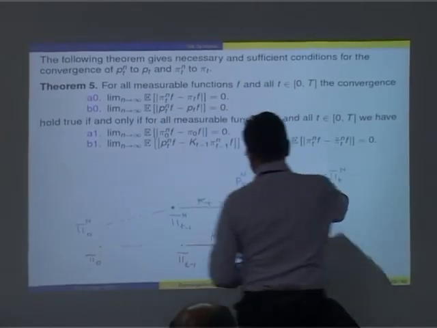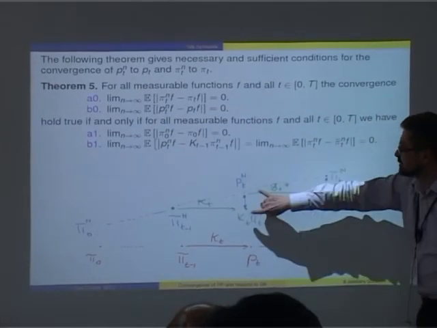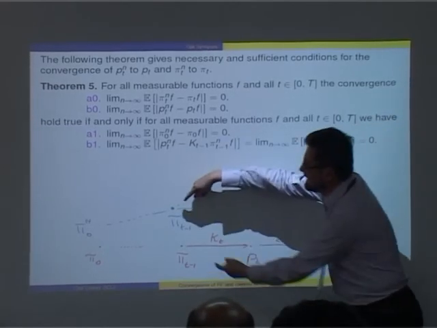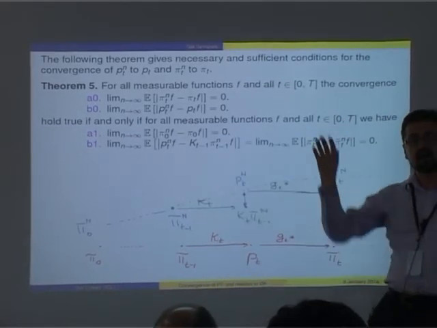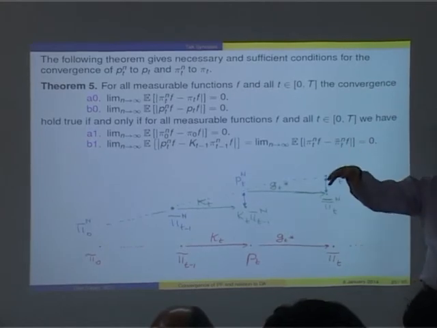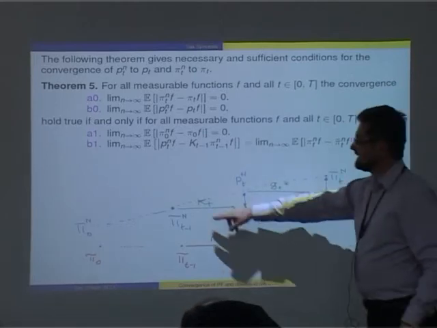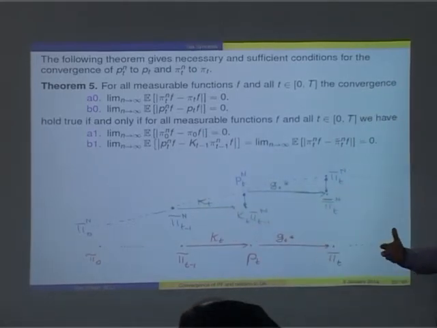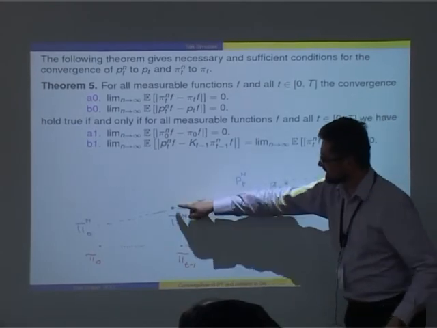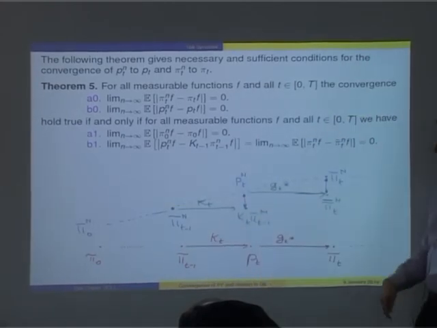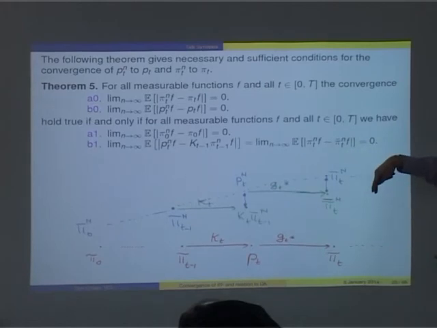And the next step is you do the same thing here. Now this is going to be the more difficult step, because this is a linear step. When I update my approximation of pi t, or pi t itself, by a kt, this is a linear transformation. So it is going to be very easy to show that if this goes to 0, this goes to 0. Here, this is a nonlinear thing, right?